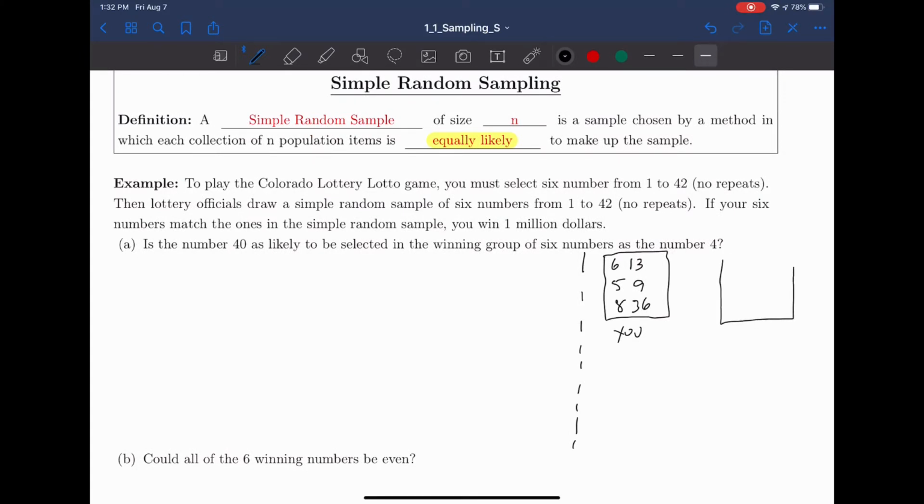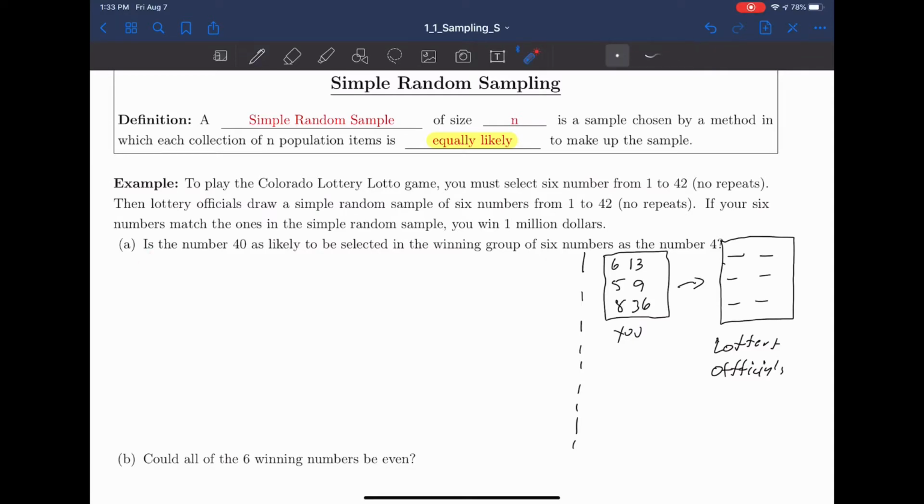The lottery officials randomly choose 6 numbers from 1 to 42, and if your 6 numbers match their 6 numbers, then you win $1 million. That's basically the idea here.